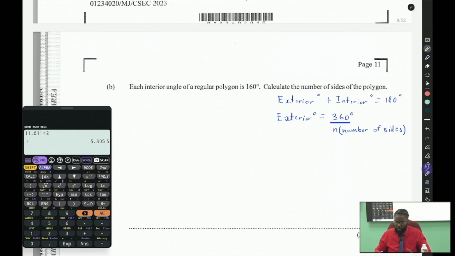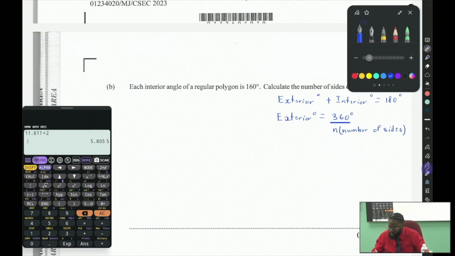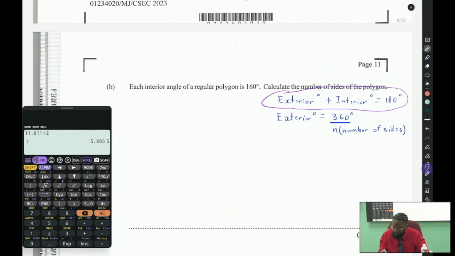So let's go now. So we are given the interior angle. So if we are using the first equation, we're going to use that to find our exterior angle.